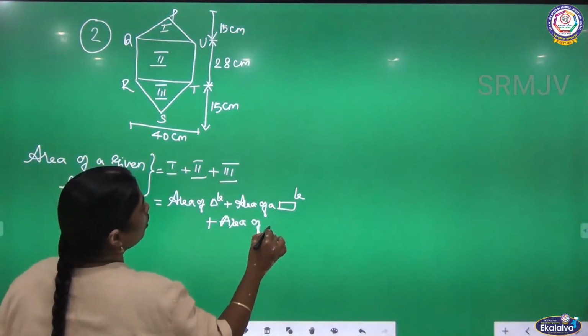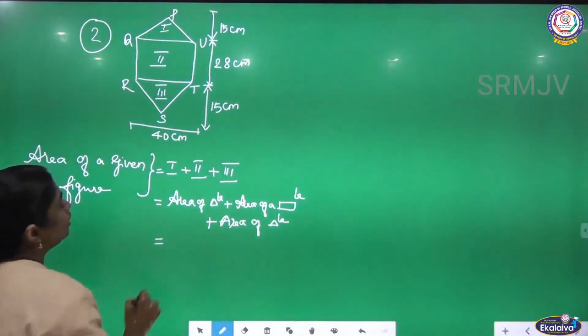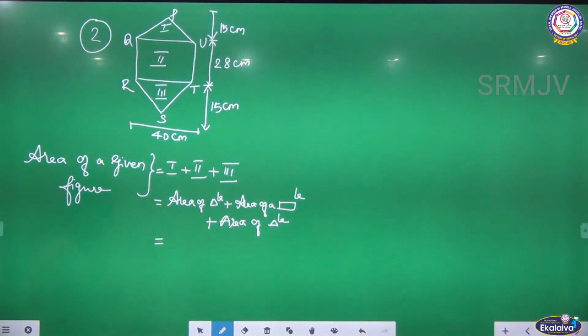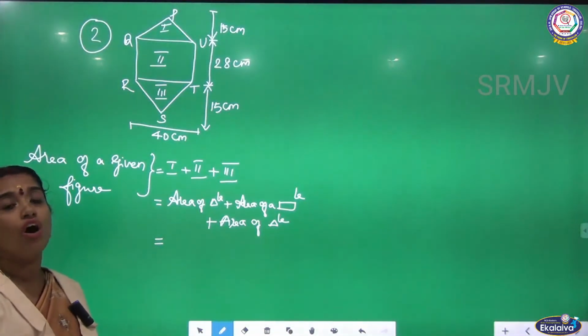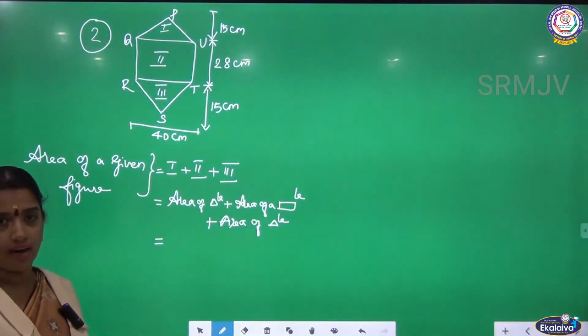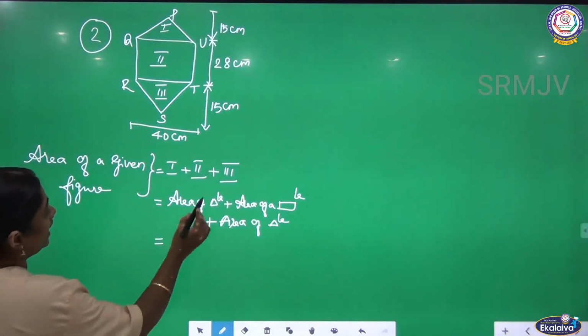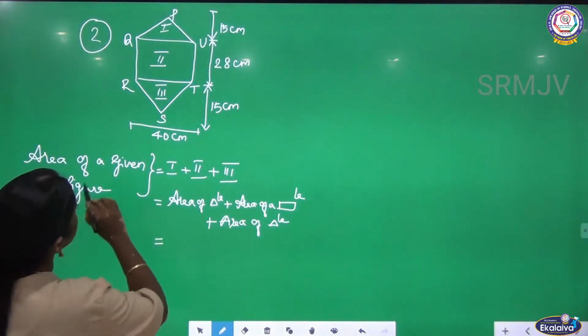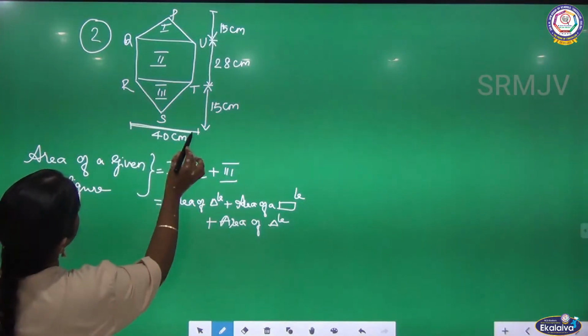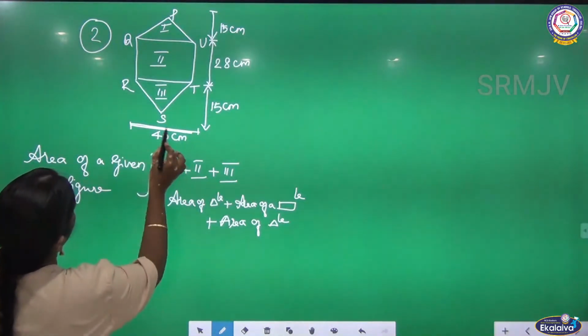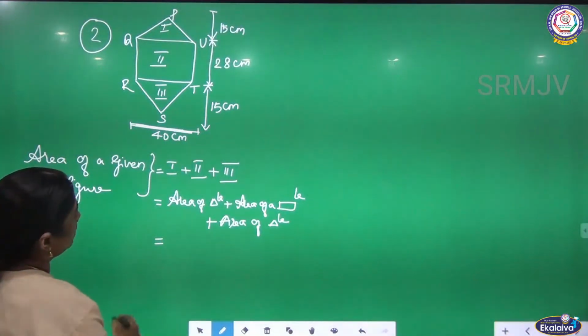Just substitute the formulas. Area of a rectangle is what? Length into breadth, and area of a triangle is what? Half into base into height. Now listen, area of a triangle. See this? What is the base here? This is the base. What is the base? 40 centimeter.